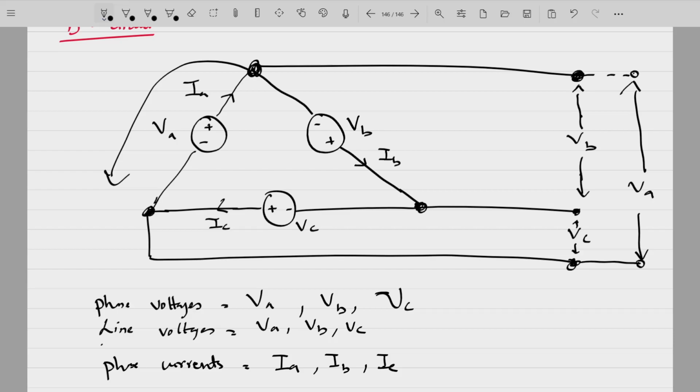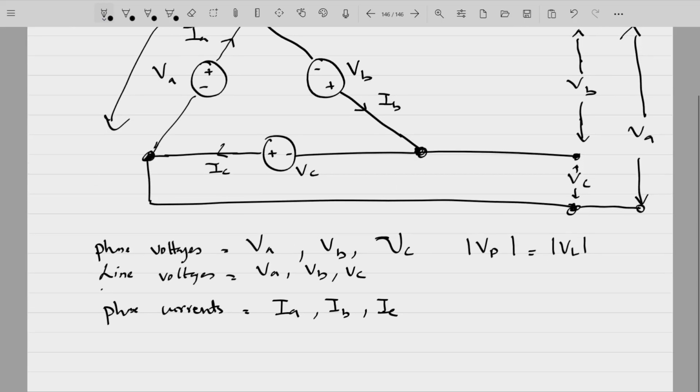So VAB, VBC, VCA, VBC, and VAC, they'll be taking the same magnitude as that of the line voltage. अब आपको इंडिविजुअली वो देखना भी होगा कि कौन लाइन वोल्टेज किस phase voltage के बराबर है. But as far as the magnitude is concerned, in this case the magnitude of the phase voltage and the line voltage will be same.